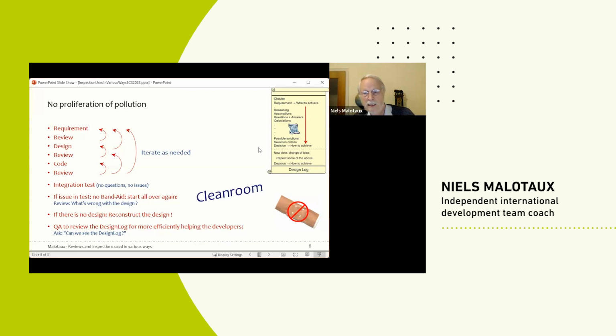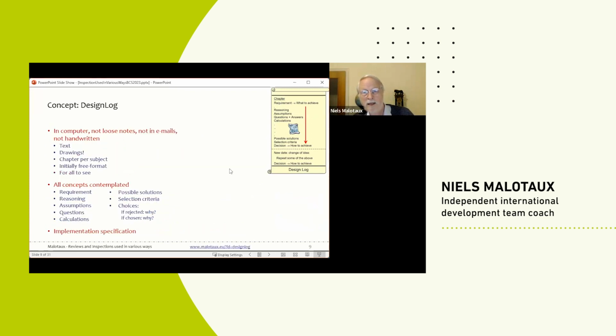And in the next slide, I'll show some details of that. So the concept of the design log, we put it in a computer, not lose notes, not, well, of course, on the whiteboard, but if it's on the whiteboard for the discussion, that works very well. Take a picture or take the essence into your document, text, drawings, chapter per subject, to find.